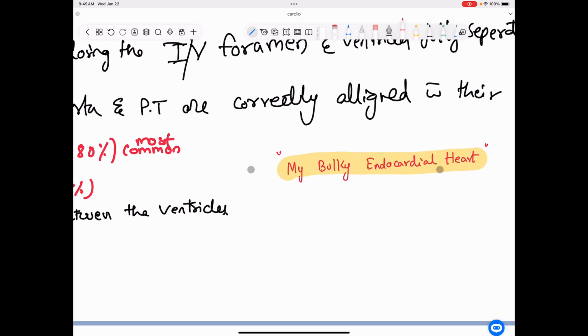So what the mnemonic is: my, that is, muscular part forms first. Then bulky. What is bulky?